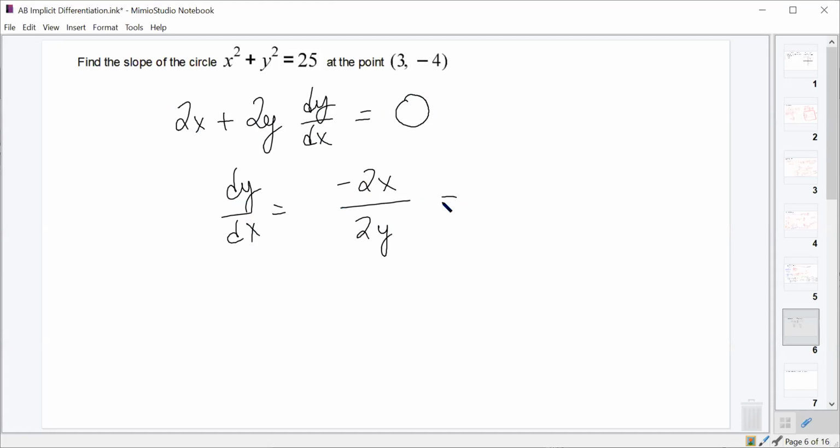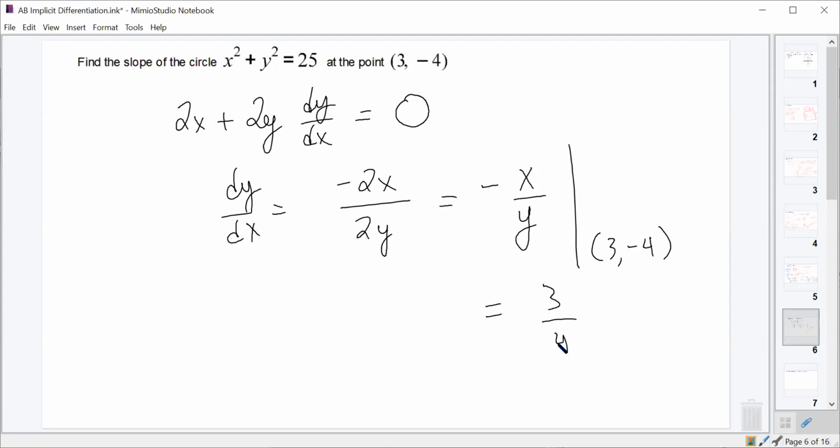Then we can cancel out the 2's to get negative x over y. Everybody good there? We'll evaluate that at the point (3, -4), which gave us what? Positive 3/4. That's the slope of our tangent line, or the slope of the circle.